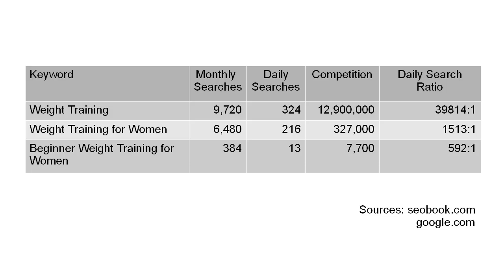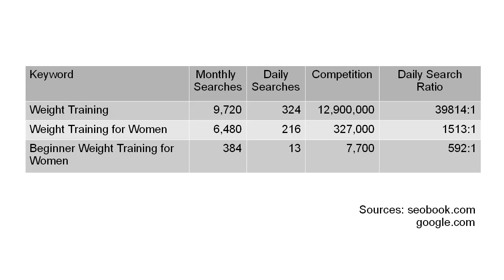For weight training, you can see that there are 9,720 monthly searches, 324 daily searches, but the competition is 12,900,000 websites for that keyword.